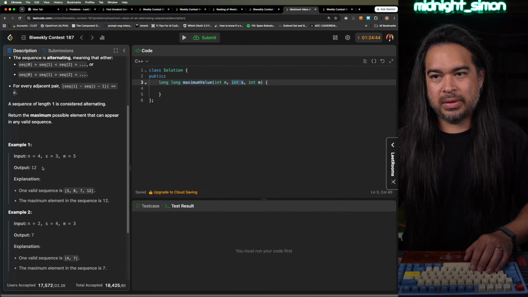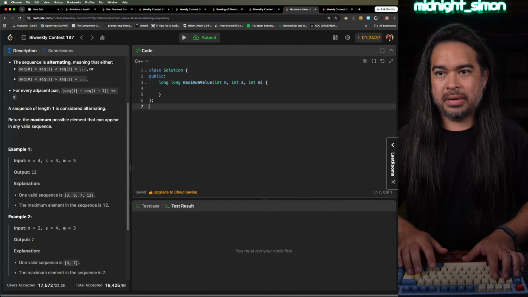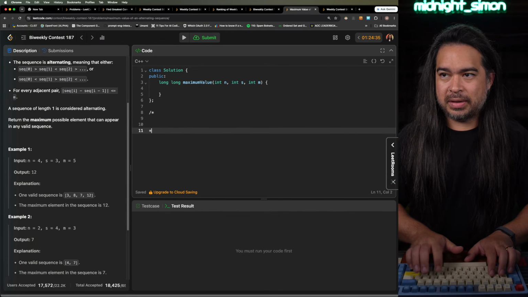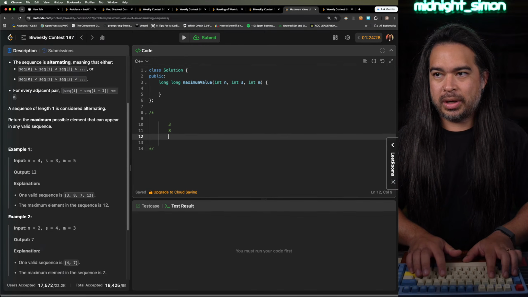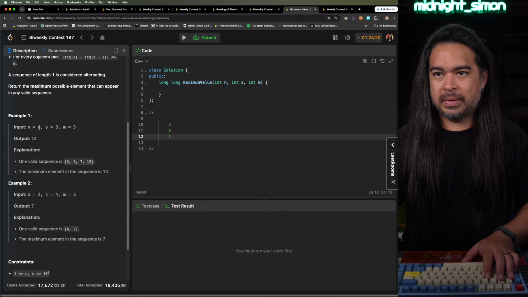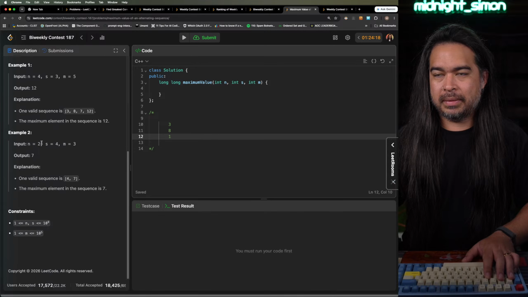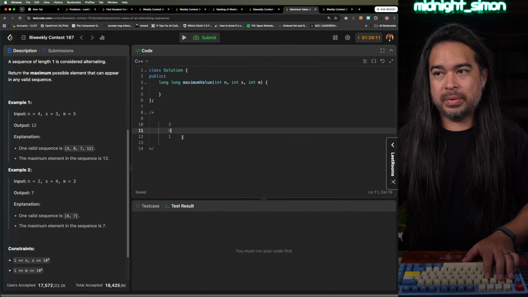Alright, answer is 12. So we start at 3. Let me science this out real quick. So 3, then we add to get 8, then we subtract 1, then we add. So it's like add n divided by 2.